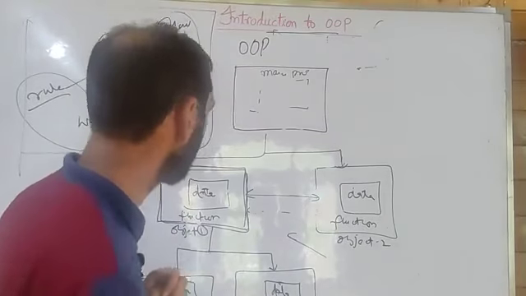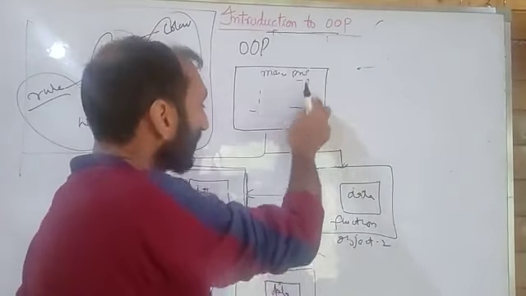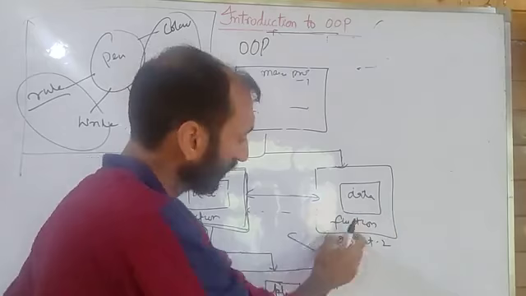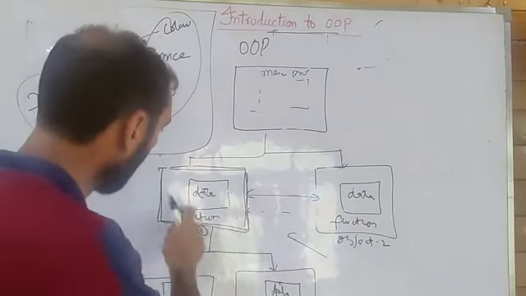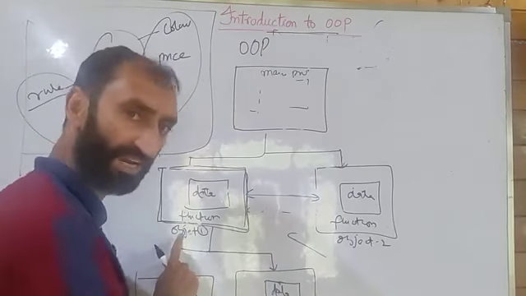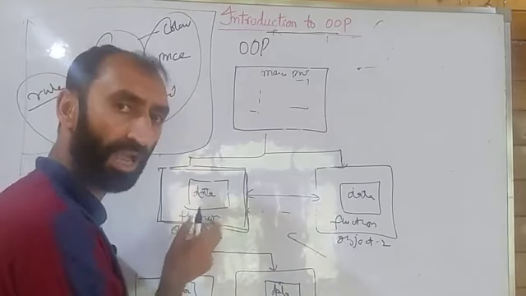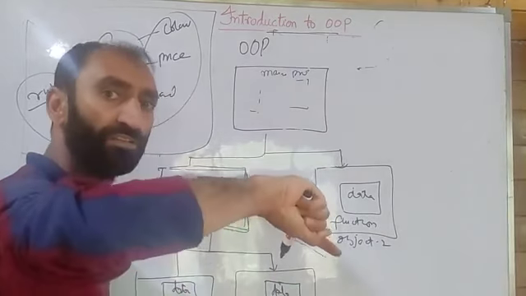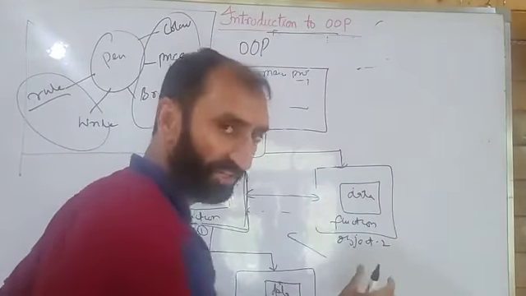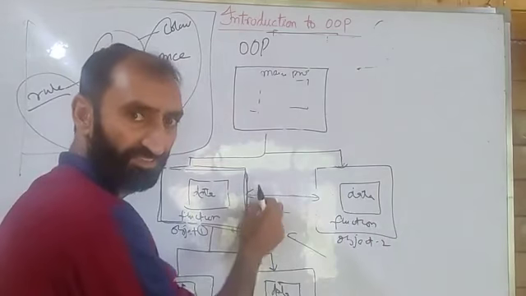So in object oriented programming, a large program is divided into smaller fragments, which can be further divided into smaller fragments, and those smaller subprograms are called objects, because each object contains data and the functions associated with it. Every object has data and functions. That means the interdependence here is very less.